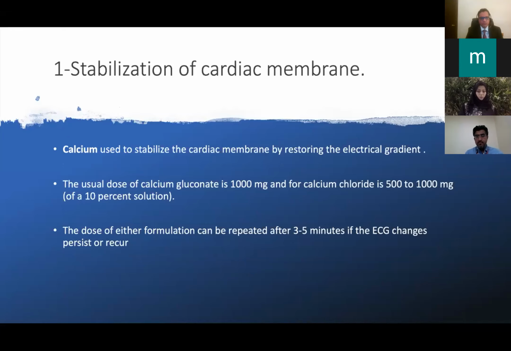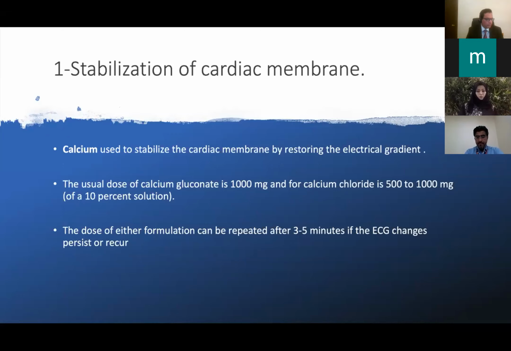First of all, as for cardiac membrane stabilization, the drug of choice will be calcium. Calcium should be used to stabilize the cardiac membrane by restoring the electrical gradient. The usual dose will be 1000 milligrams, or 1 gram, of calcium chloride or calcium gluconate. The difference is that calcium chloride is more potent.